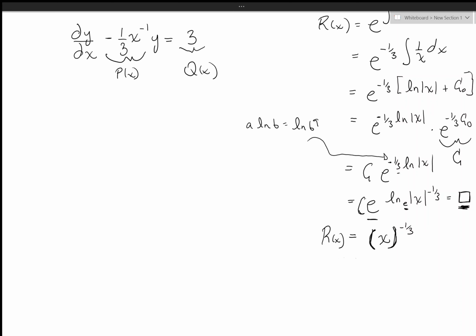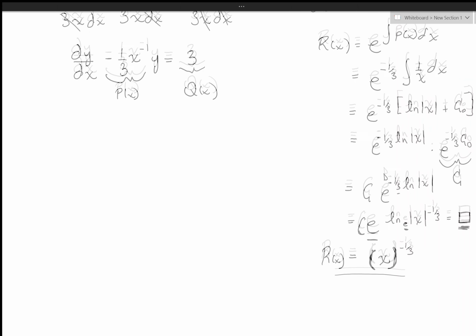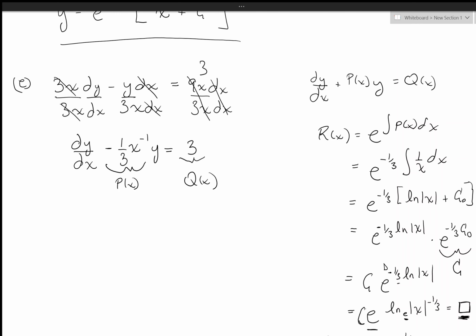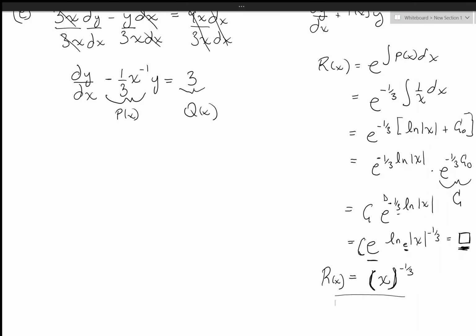So we're saying that the integrating factor is x to the -1/3. Okay, so that's good. I'm just going to make some space here, get rid of this. All right, so we're going to go from our differential equation. Now that we have r, the integrating factor, we can go straight to the solution.